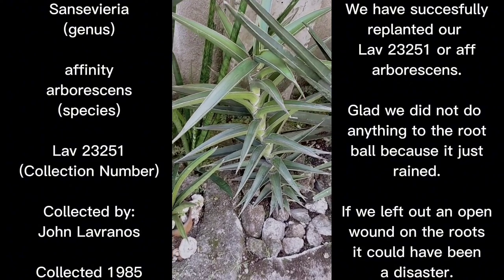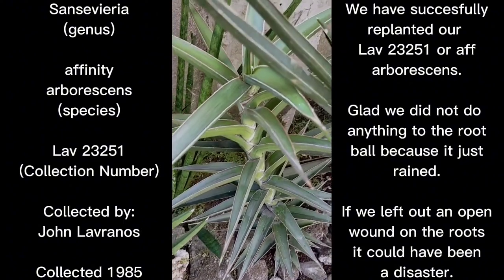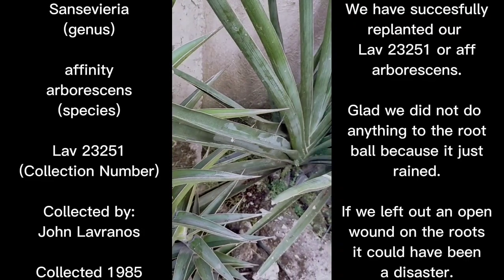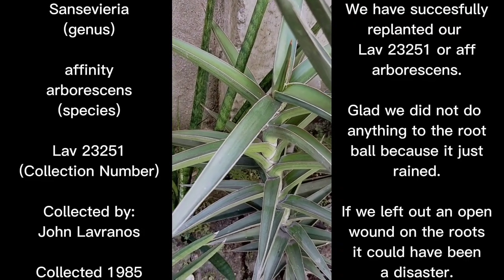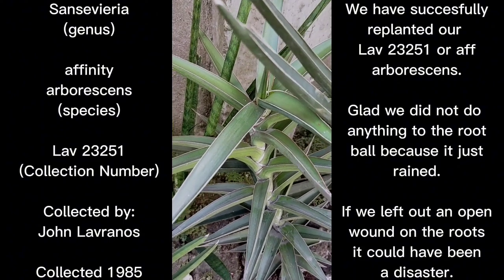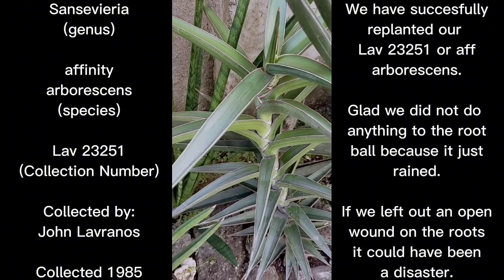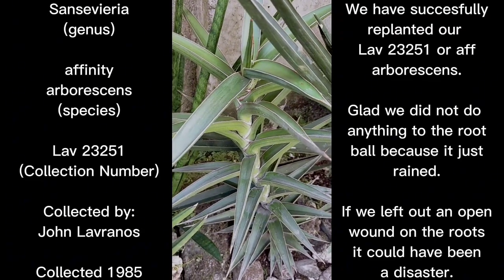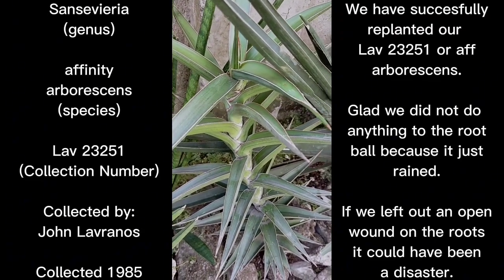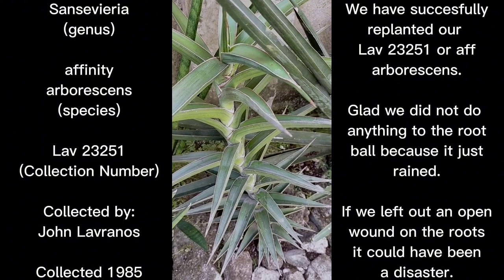I hope it will continue to grow in the future. This is the top portion, and you can see that the leaves of the Sansevieria hybrid katana are helping to stabilize the position of Lavranos 23251, because if not, I think the heavy top will start to droop down and fall to the ground.